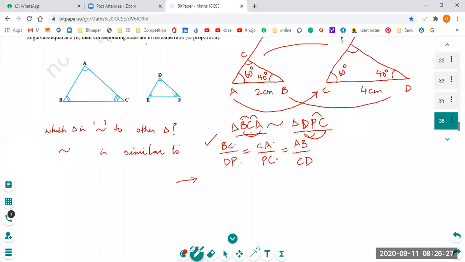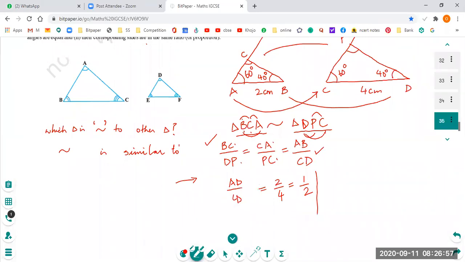So now students, what is the AB by CD ratio? AB by CD, this ratio is 2 by 4, that is equal to 1 by 2. Students, very interesting. Now I can't measure here because I'm not using a scale.